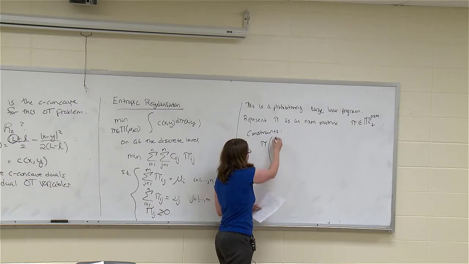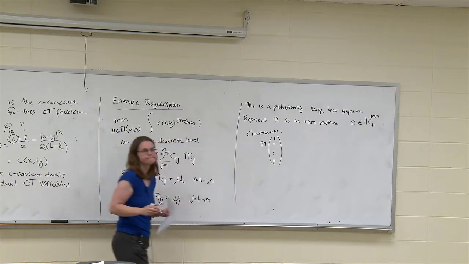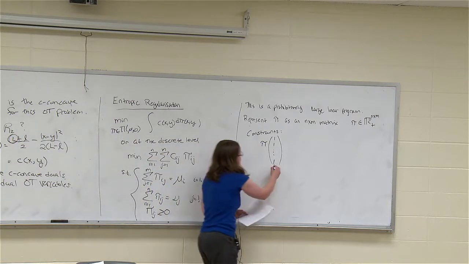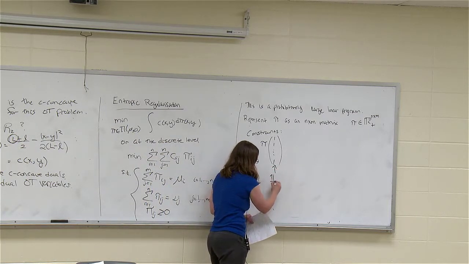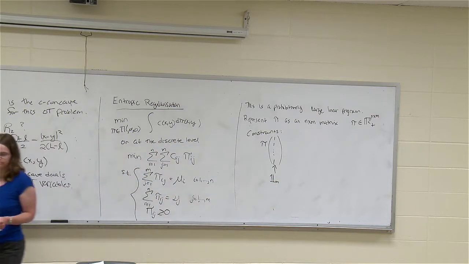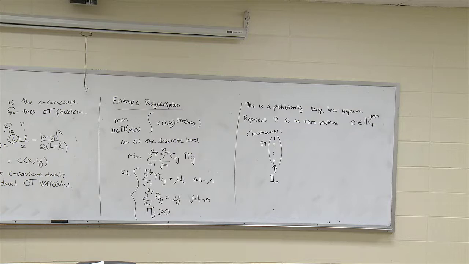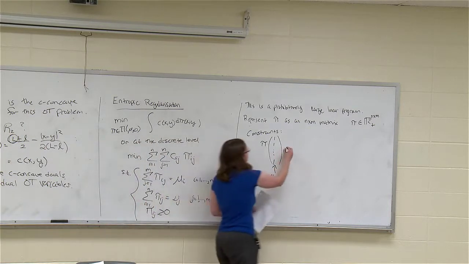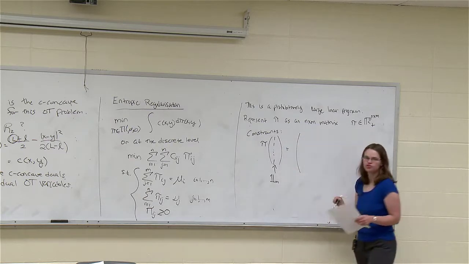Pi times a whole bunch of ones. I'm going to call this 1 sub m, so it's just m ones, which is a vector.